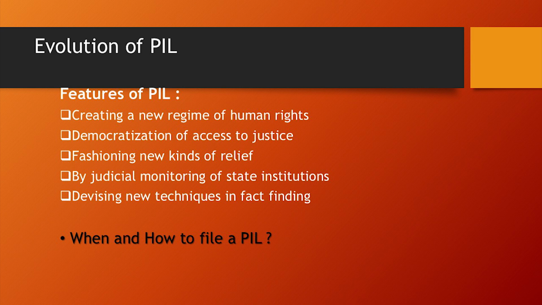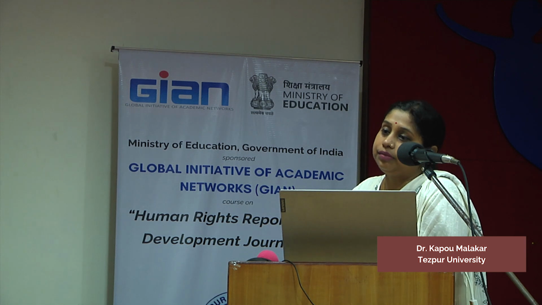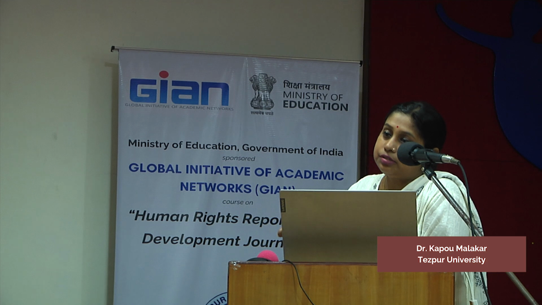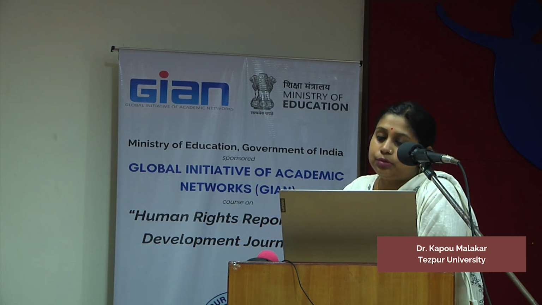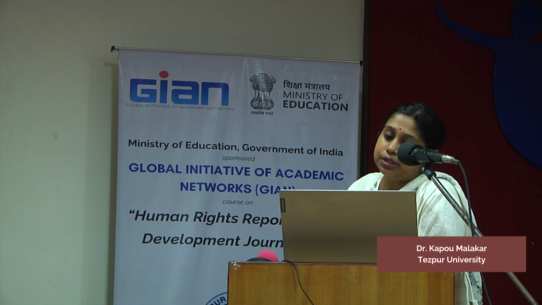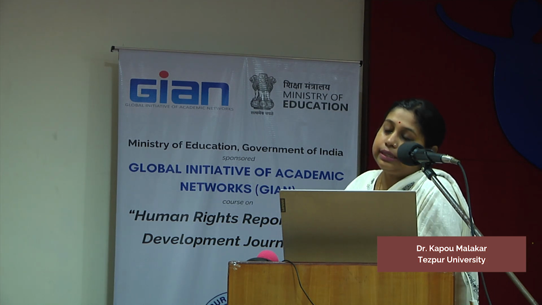As I have already told you, the government usually takes help of different existing institutions like the Human Rights Commission, National Human Rights Commission, and CBI to fact find, to find the facts of any human rights violations, and devising new techniques of fact finding, and then judicial monitoring of the state institutions.